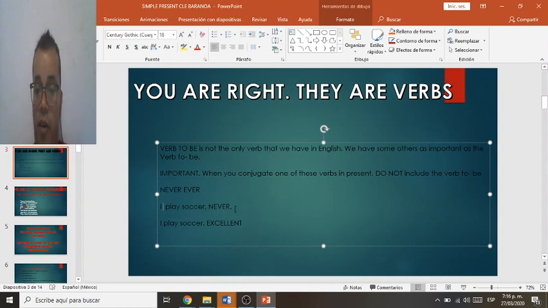I play soccer is okay. But I am play soccer, never. No verb to be. No hay que usar el verbo to be con los otros verbos. Solamente el verbo. So please be careful with that because we tend to make that mistake. No verb to be. Just the verb.